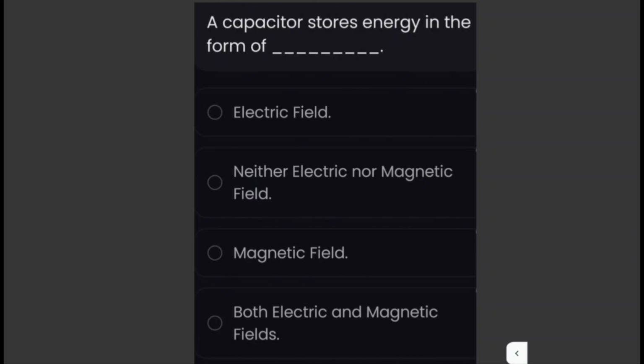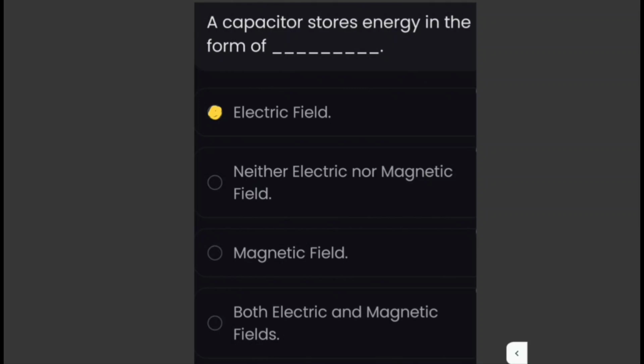A capacitor stores energy in the form of blank. The answer here is electric field. A capacitor stores electrical energy in the form of an electric field because the direct current source creates an excess of electrons on the negative plate and a shortage of electrons on the positive plate.